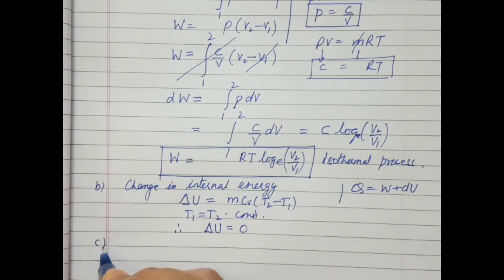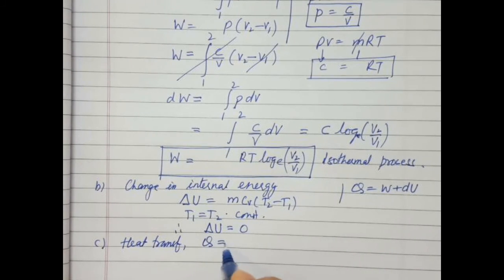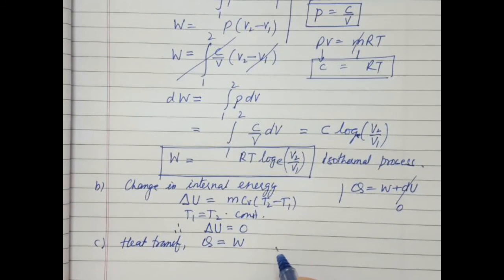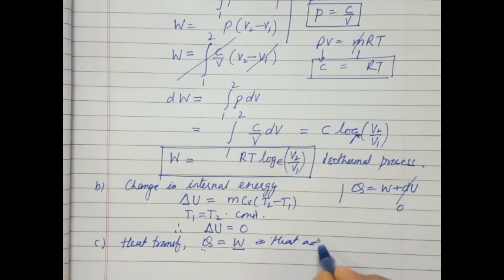Third is heat transfer. Now Q is equal to W, as dU is equal to 0. So whatever is the work done is equal to the amount of heat added or removed from the system.